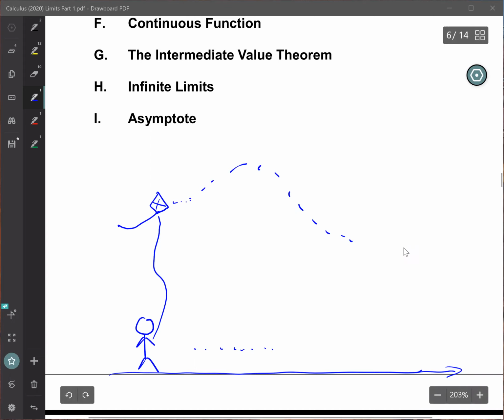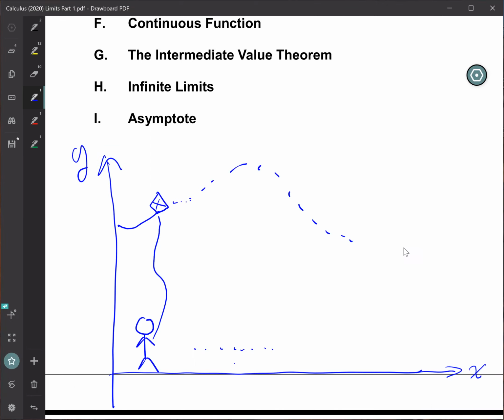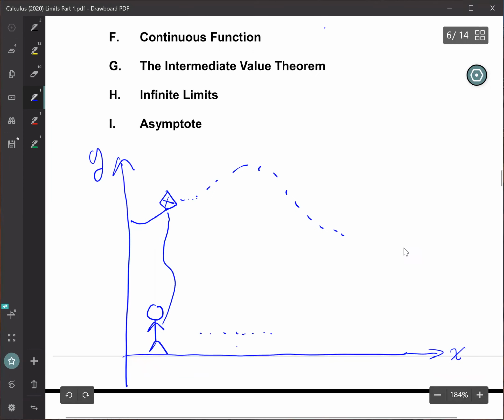Okay, so the person walking is like the x values. x keeps on moving to the right, and the height of the kite, think of it as the y values. The y's can go up and down. So the idea of the limit in this section is that the person keeps on walking towards a place, let's say here is at 1, here is at 10, and keeps on walking towards 10.